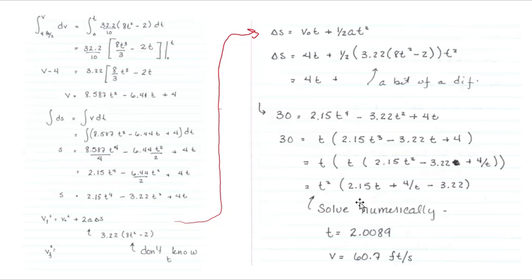So we can go through this, and ultimately, we're going to have to solve this one numerically. So go back to your calculus book to look at how you can solve that numerically. And we find that at t equal to 0.0089 seconds, the velocity is going to be 60.7 feet per second. And we can go in and work that type of problem.